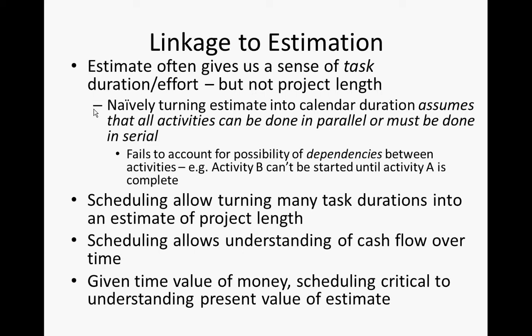What things can be done in parallel, etc. So scheduling allows turning many task durations into an estimate of project length. What's the minimum time we could finish this? What's the earliest time we could start a given task? And what's the latest time we have to start it if we're going to finish the entire project on time or not add to the length of the project?